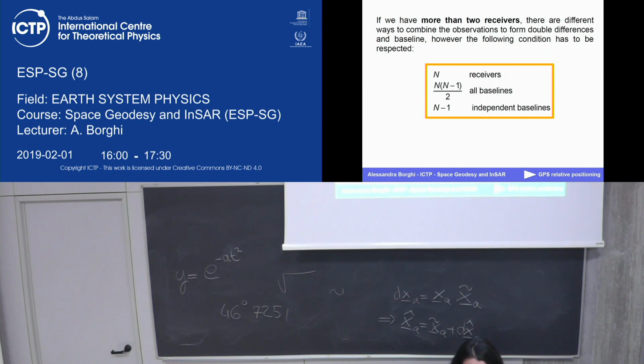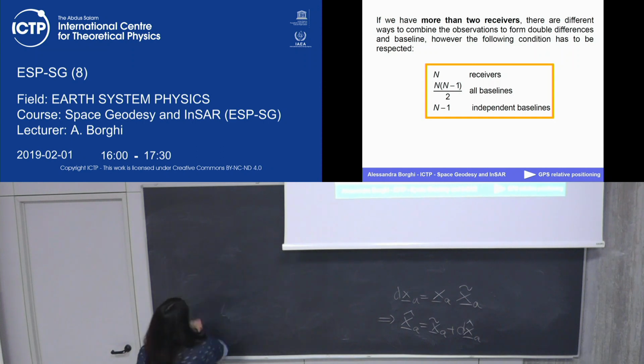If you have a network of receivers, there are only n-1 independent baselines that you can build. So you have n receivers. The total number of baselines that you can build is n multiplied by n-1, over 2.